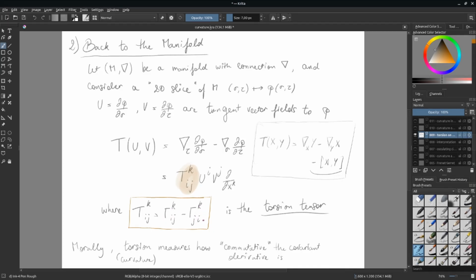I'm just swapping the two. Notice that even though individually the connection coefficients are not tensors, this one is. So you're measuring some notion of commutativity for the covariant derivative, but we'll see that more later.